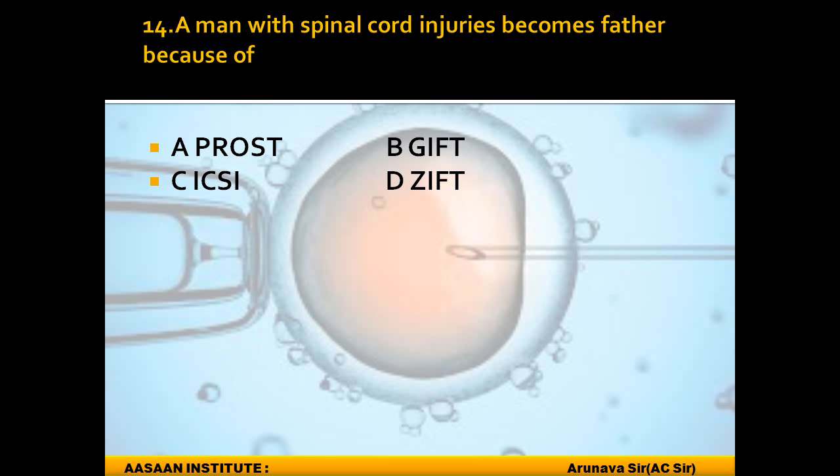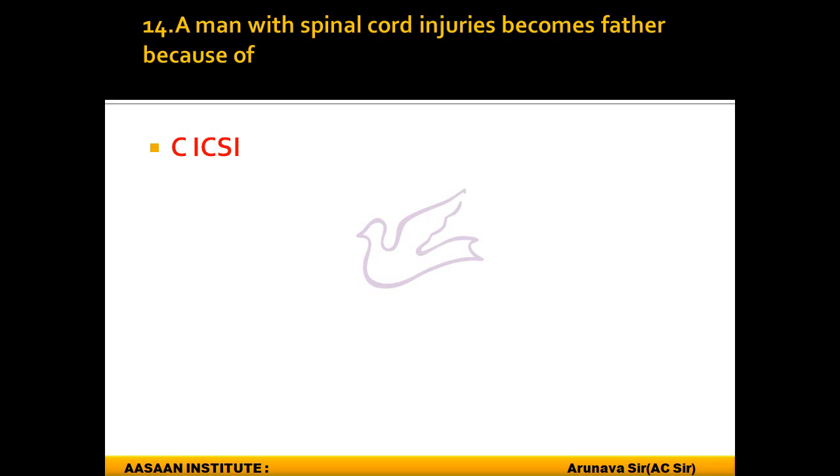A man with spinal cord injuries becomes a father because of, you know, the spinal cord is a part of the CNS, the central nervous system, which controls all activities of the sperm, and all activities of the human body also. So most commonly, if spinal cord injuries happen, ICSI, intracytoplasmic sperm injection, is required.